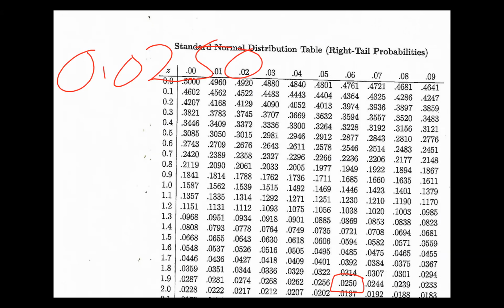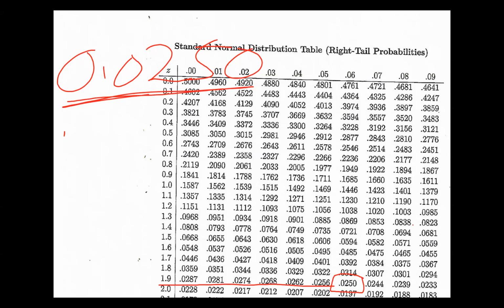Oh, I'm muted. Yes, sir. So you are just looking for this alpha from this table. Since this table is already giving you the areas, when you come here, you move to the left first. What do you get?